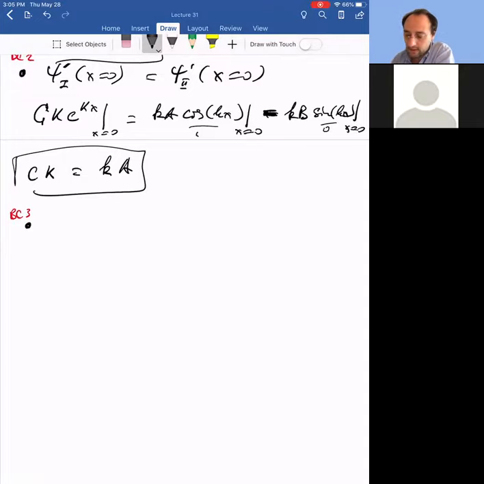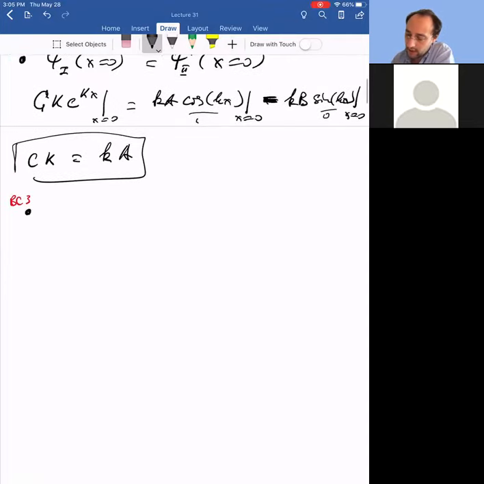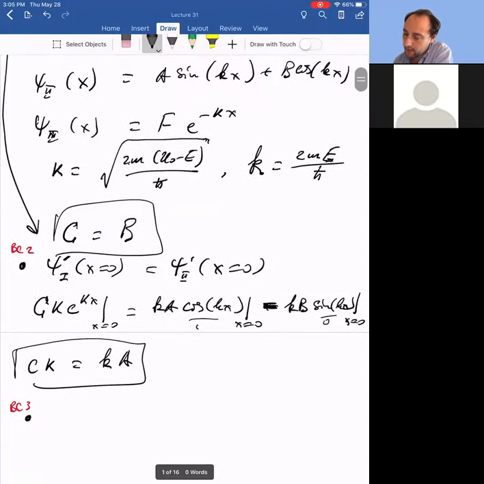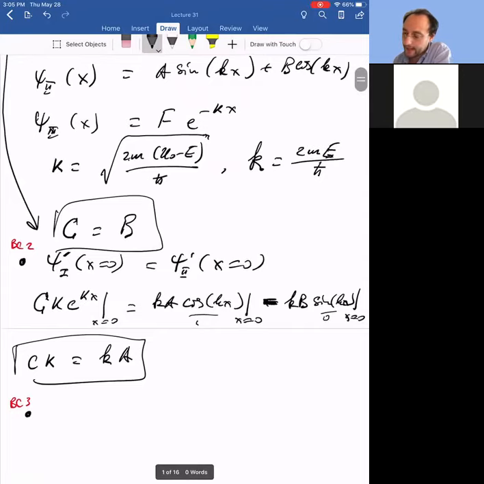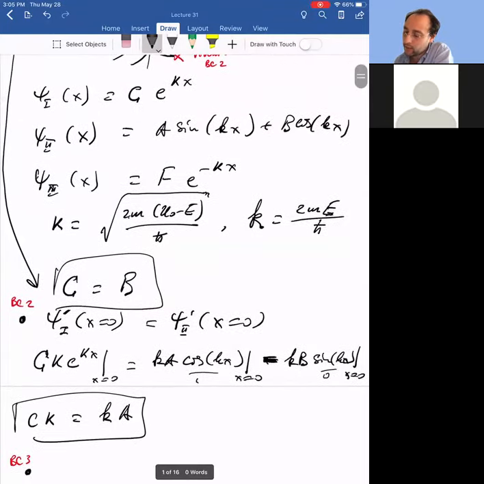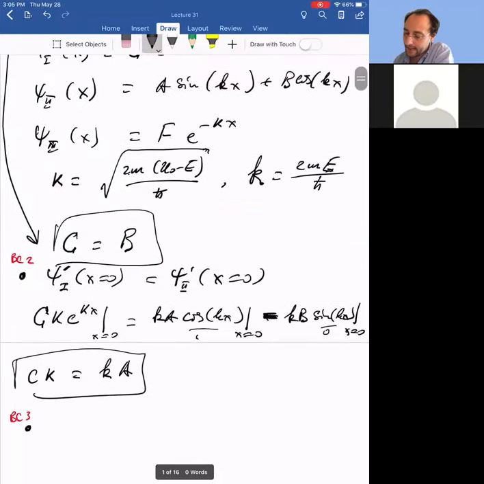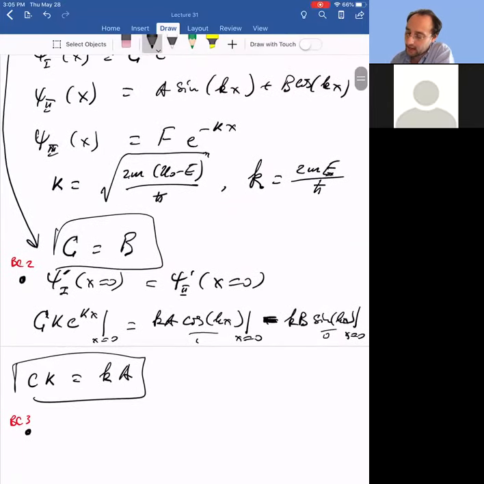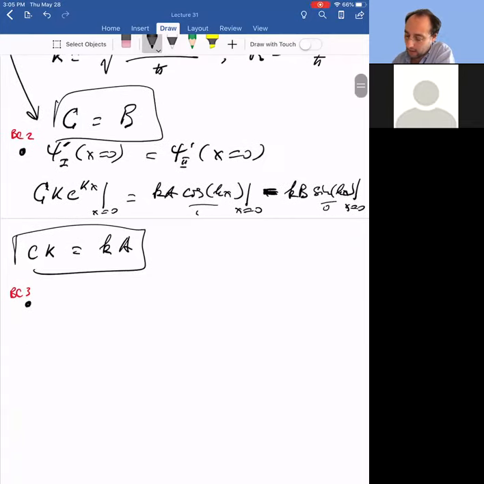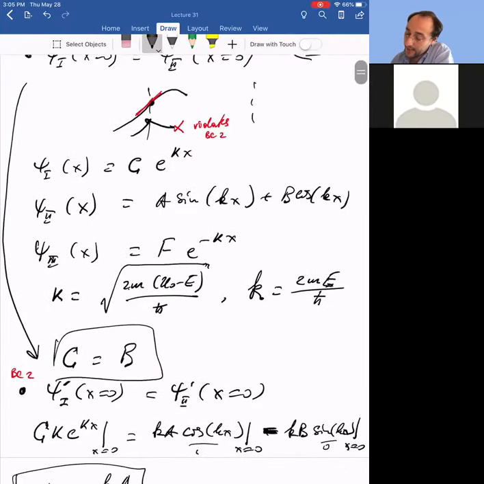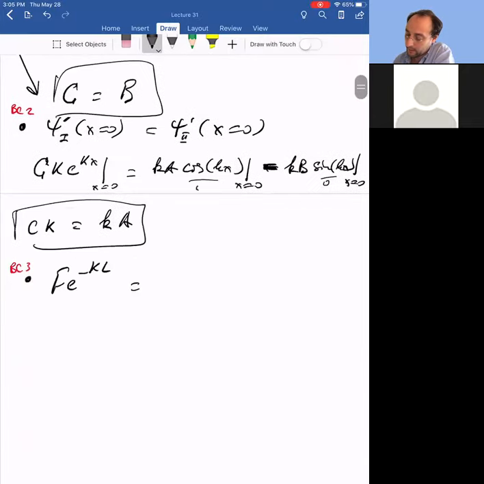So if you apply BC3, you do the same thing. BC3, we're applying at x equals L. So on the left-hand side, you get f e to the minus kappa l. And on the right-hand side, you get a sine kl plus b cosine kl.